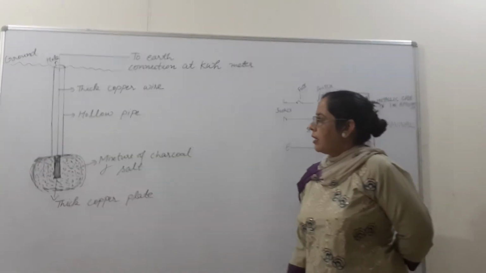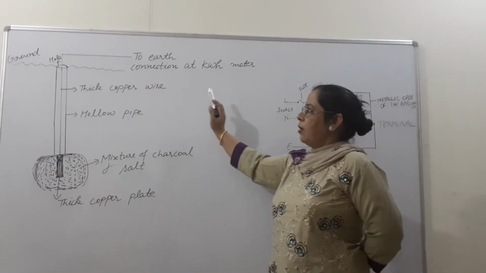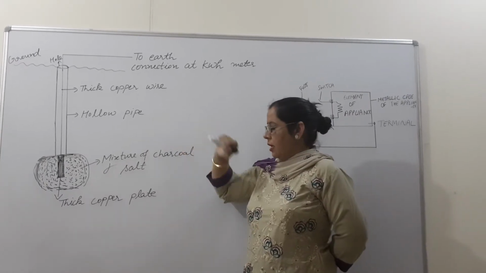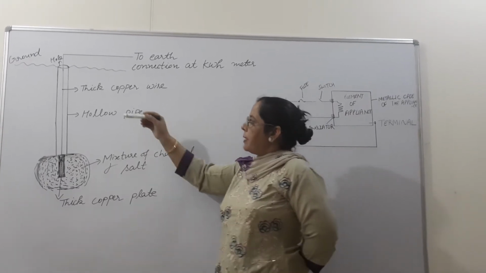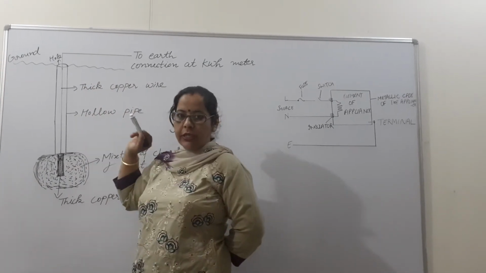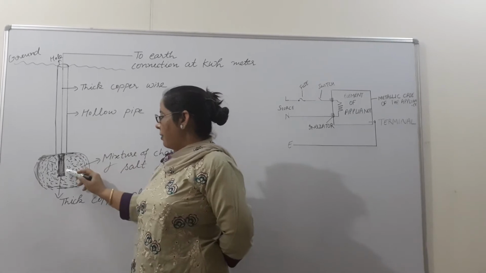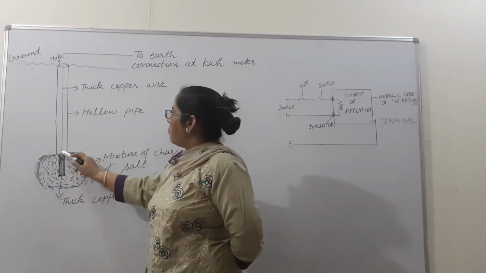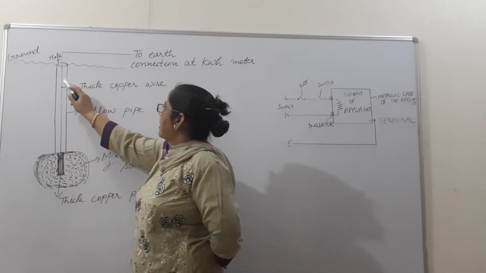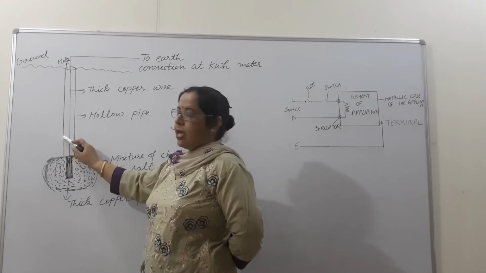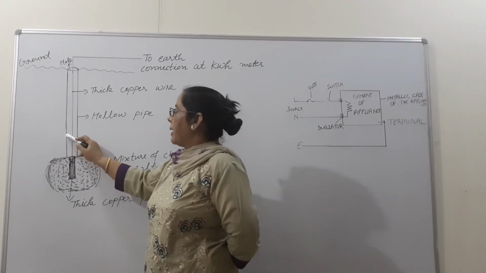Then beta, this is the local earthing which is done near the kWh meter. For that, a big pit or big hole is dug in the ground. In that you see one thick copper plate is there, with which this thick copper wire, covered by the insulating pipe, is connected.